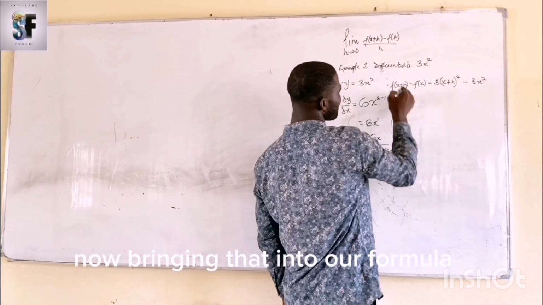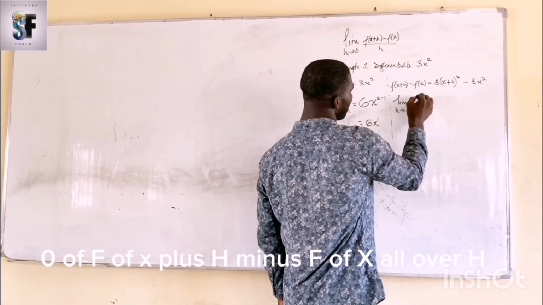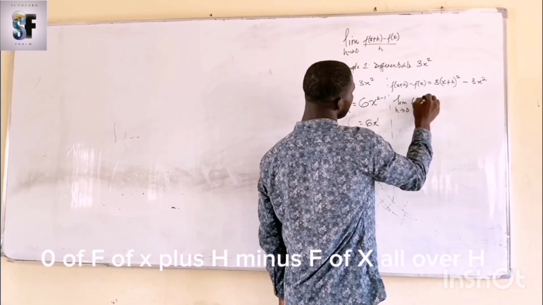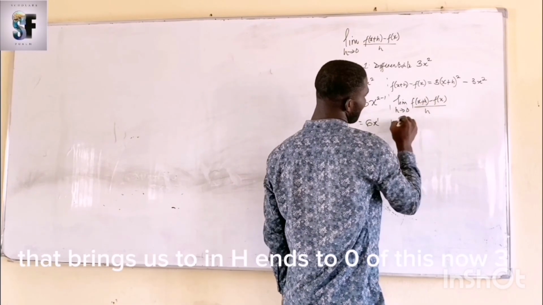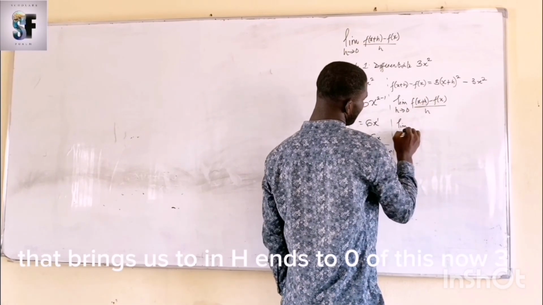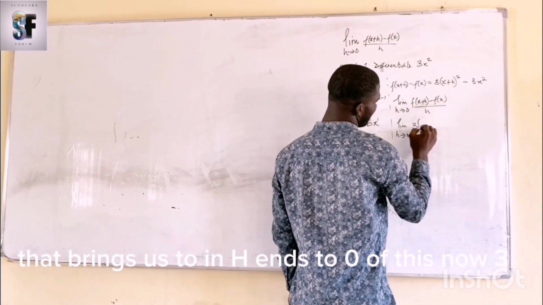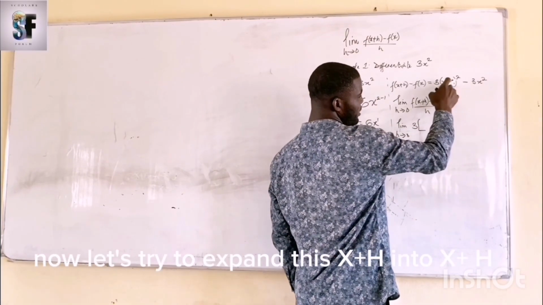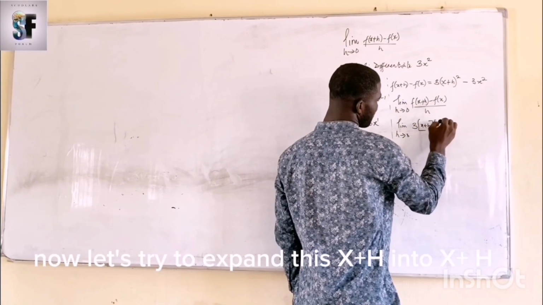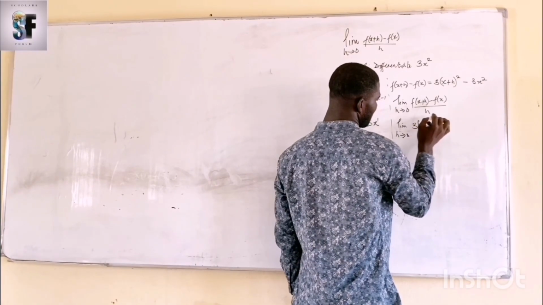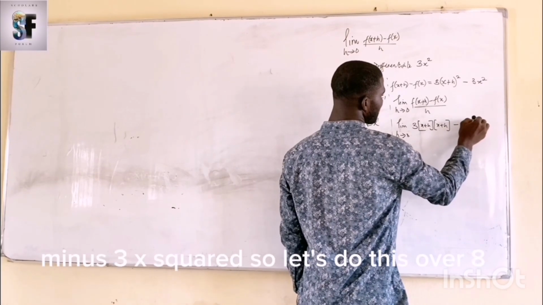Okay, now breaking that into our formula, we'll have the limit as h tends to 0 of f of x plus h minus f of x all over h. That brings us to the limit as h tends to 0 of 3. Now let's try to expand this. x plus h into x plus h, minus 3x squared.